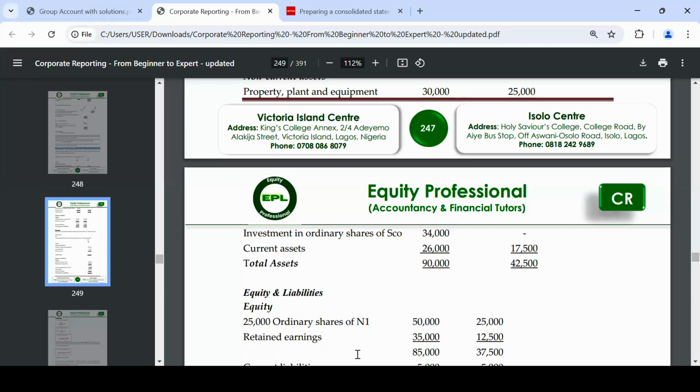So we're going to continue from where we stopped in the last class. We have decided to go back to simple consolidation before we make an entry into complex consolidation. As you already know, this class is focused on group accounts.